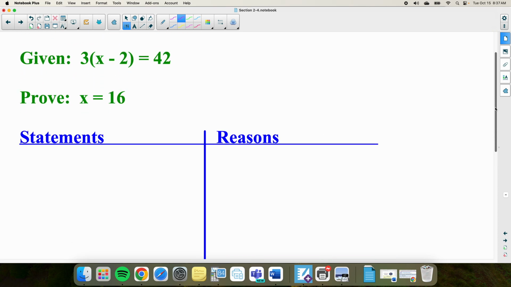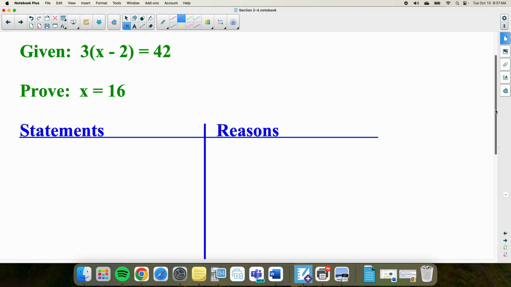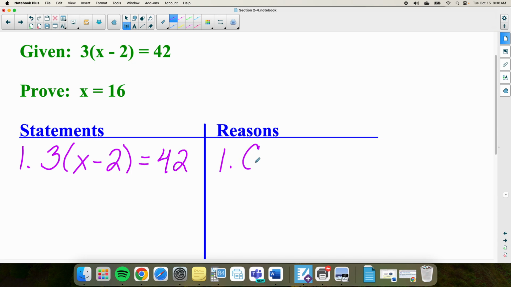All right, so here is one that we're gonna do by ourselves. So to start with, what do I put first? Don't I just write down the given? So I'd go 3 times x minus 2 equals 42, and that is given. Okay, so that's where you start every single proof, is with the given.